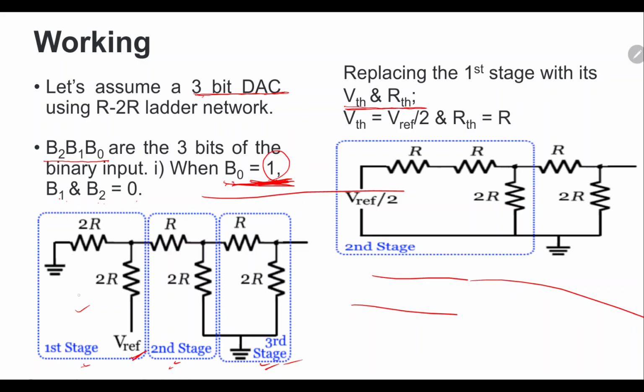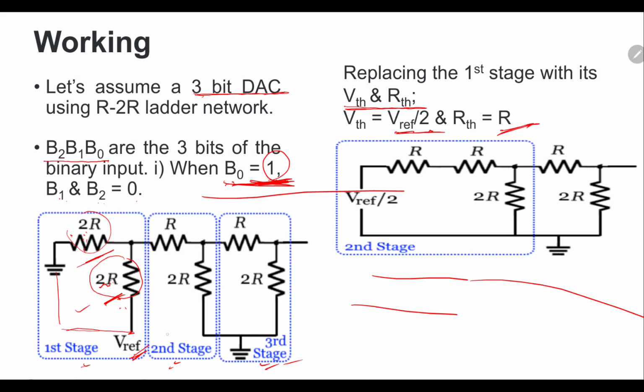So you can see when we applied Thevenin, this resistance and this resistance, combining these two, they are in parallel, as you can see, so the equivalent resistance will be R. And here I have applied this V reference across these two resistances. So the Thevenin voltage will be V reference by 2, because these two resistances, these 2R, have the same value.